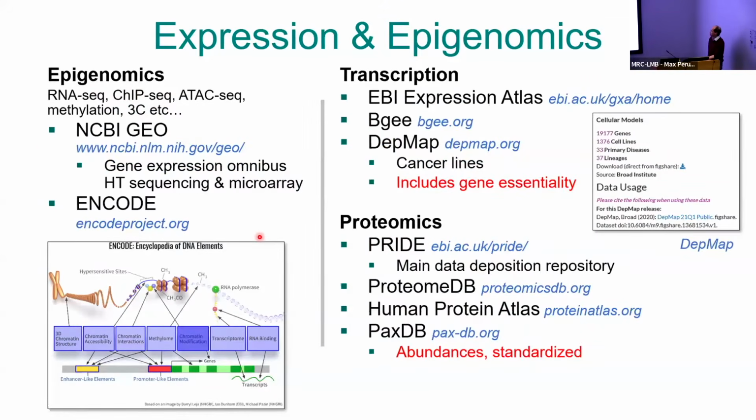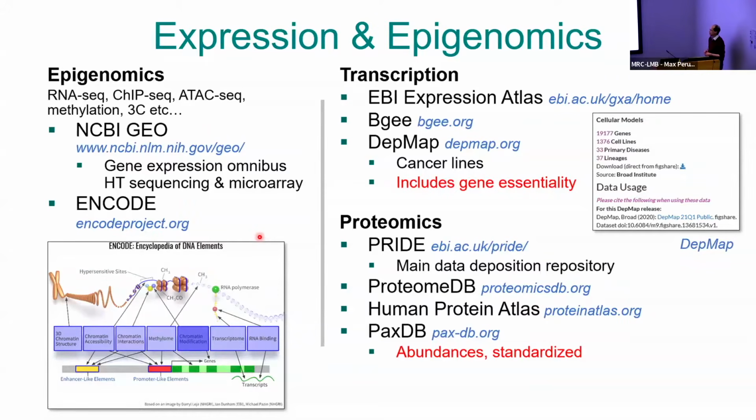So expression and epigenomics, I guess people know what expression and epigenomics is. A major resource for this sort of data is the Gene Expression Omnibus, or GEO, as people tend to call it, and that's maintained by the NCBI. It stores microarray data, next generation sequencing data, and it provides a nice web interface where people can download datasets.